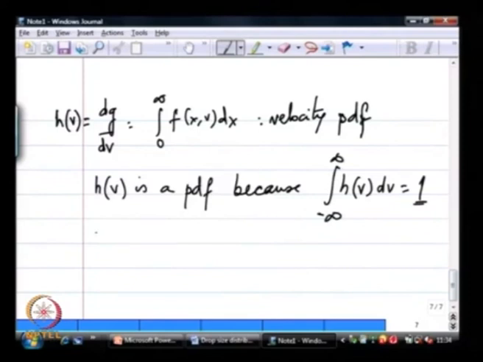I can likewise define another function, we will call this p of x, which is the integral from minus infinity to infinity of f of x comma v dv.